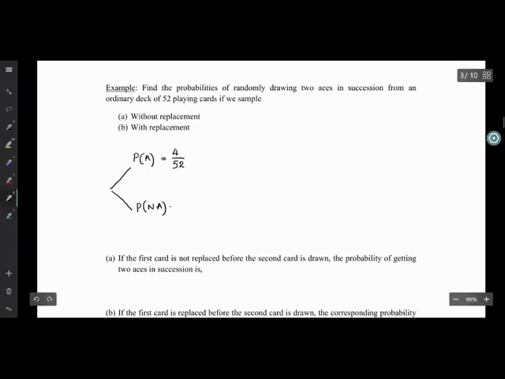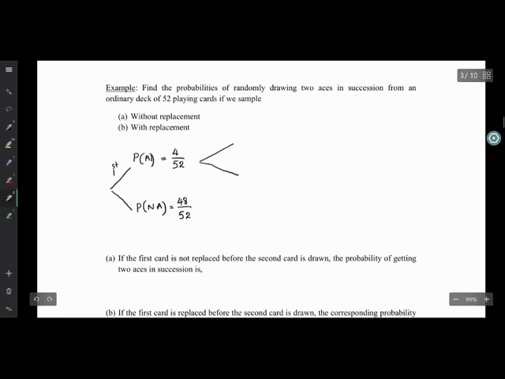Selecting a non-ace card will be the rest, 48 out of 52. Now this is the first pick. So let's say this is P(A1), selecting the first ace. Now we move on to the second pick.